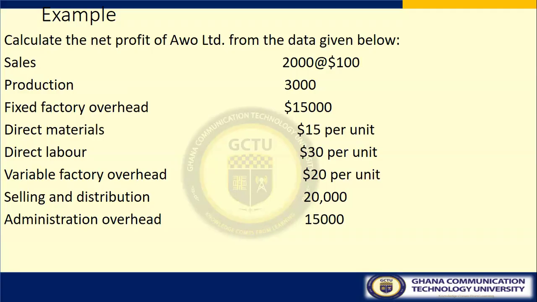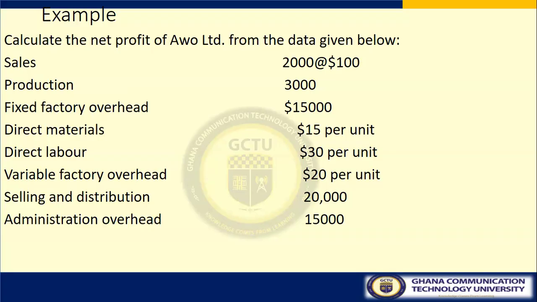Total production was 3,000 units. Fixed factory overhead, $15,000. Direct materials, $15 per unit. Is the per unit we are talking about per unit of production or per unit of sales? Per unit of production. Excellent.